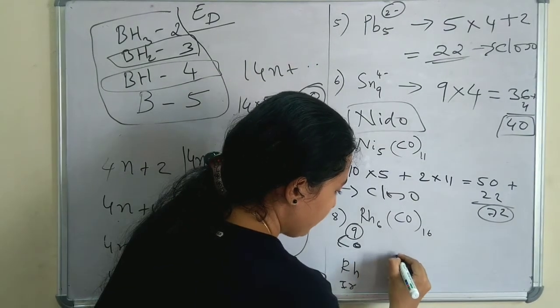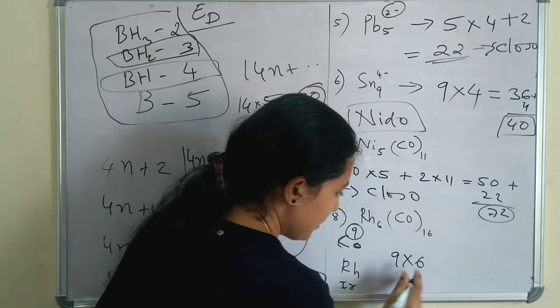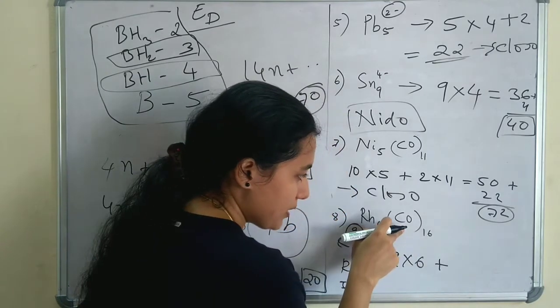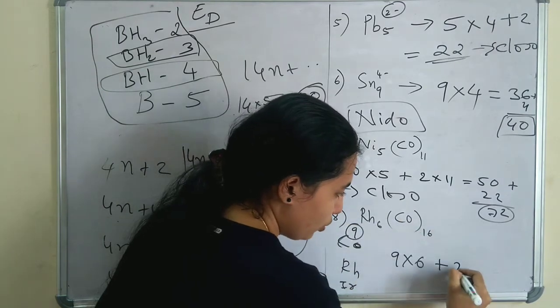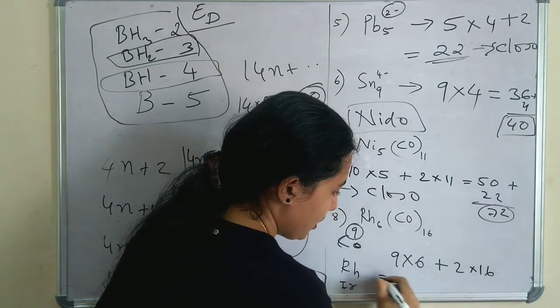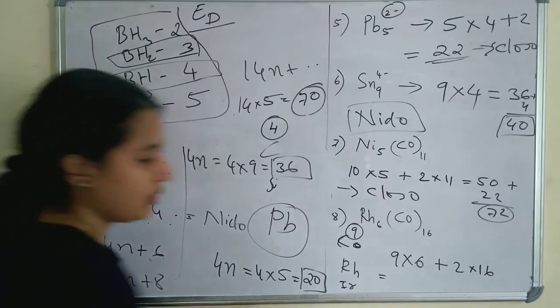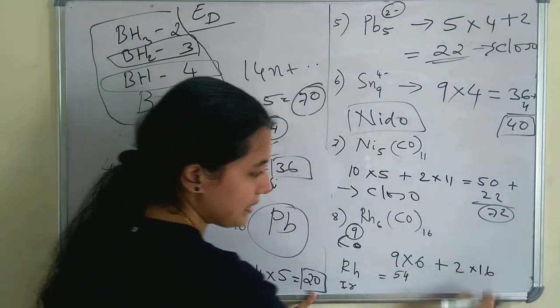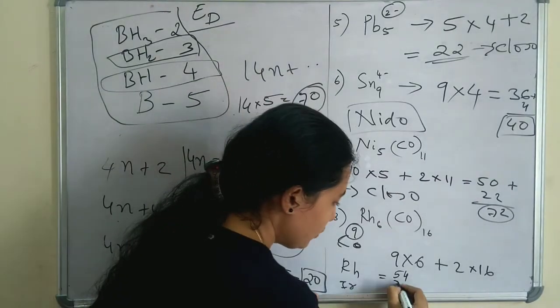Total number of electrons is 9 into 6, where 6 is the number of rhodium metal atoms, plus 2 electrons from each CO, 16 CO. So 2 into 16. 9 into 6 is 54, and 2 into 16 is 32.